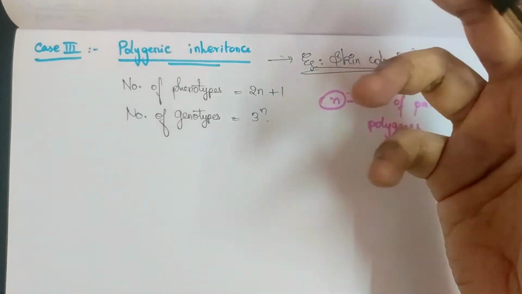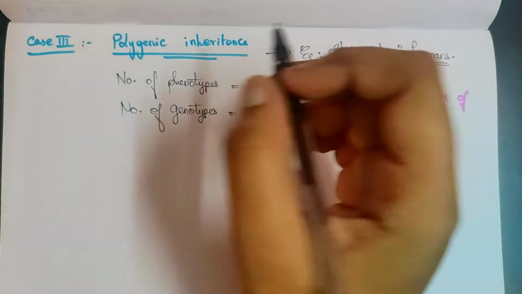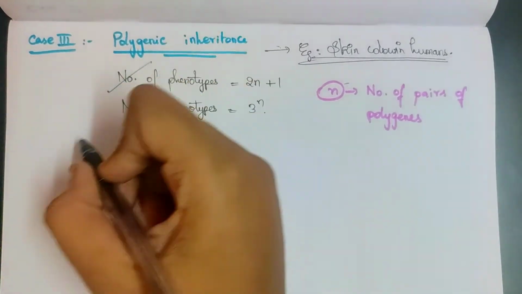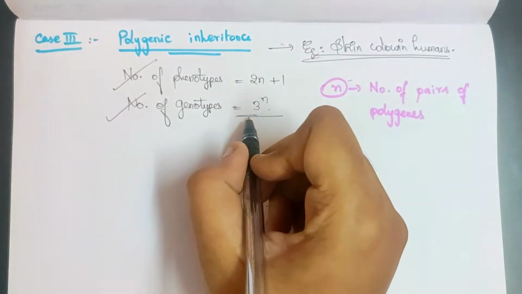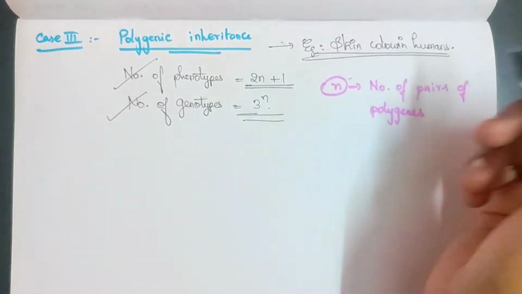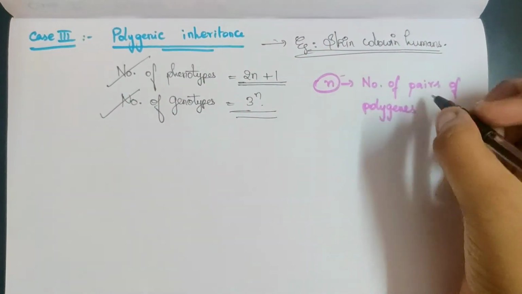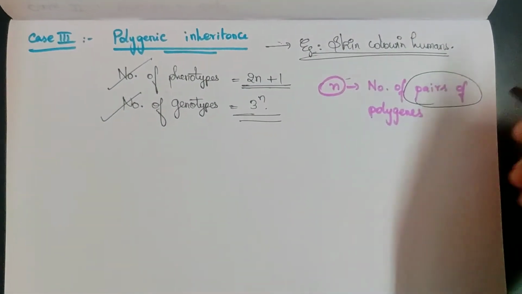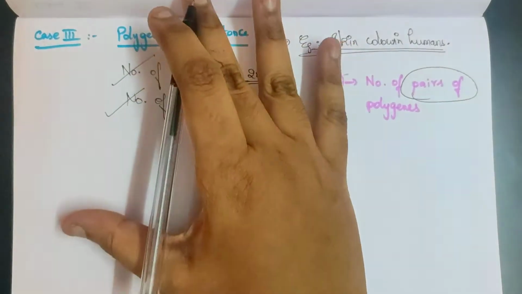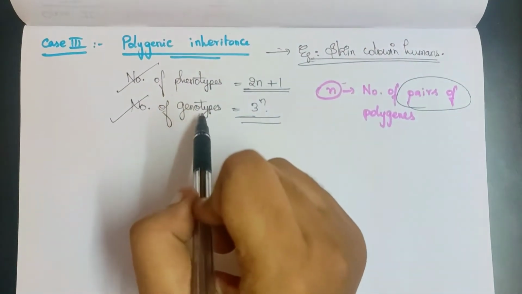So number of phenotypes will be 2n plus 1, and number of genotypes formula will be 3 power n. Where n is pairs of polygenes. They give you like that only, how many pairs of polygenes, and then they will ask you to find the number of phenotypes and genotypes.